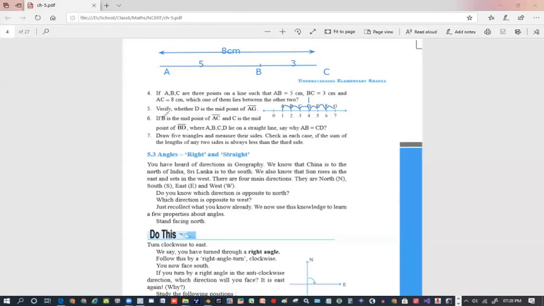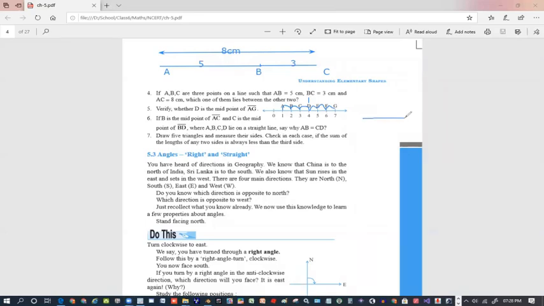Now 6. If B is the midpoint of AC and C is the midpoint of BD, where A, B, C, D lie on a straight line, show that AB is equal to CD. So it is saying B is the midpoint of AC.